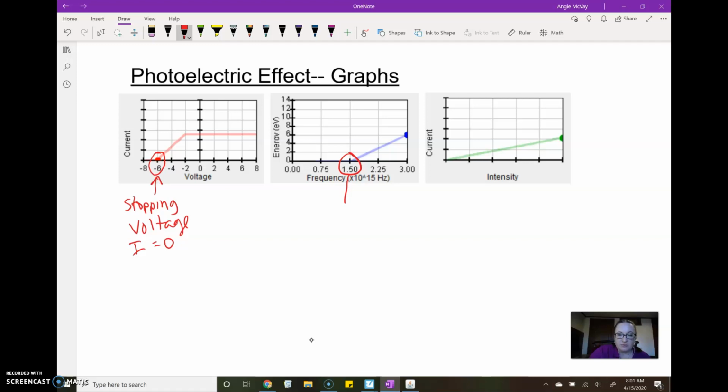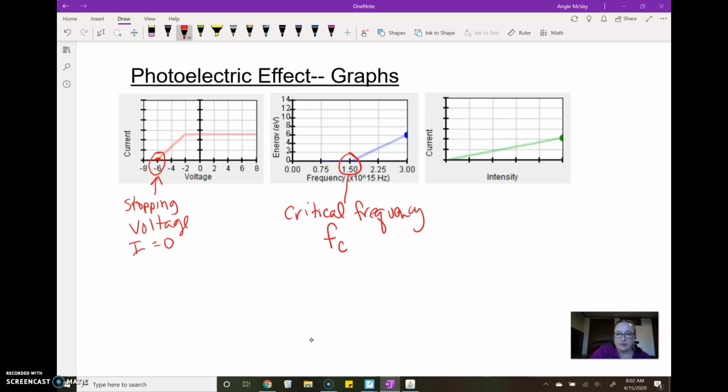Okay, so this frequency is called the critical frequency. This is the first frequency at which we see electrons liberated from the bounds of the target material, and we abbreviate this with f sub c, right? The critical frequency. And then we notice just generally that current increases with intensity.